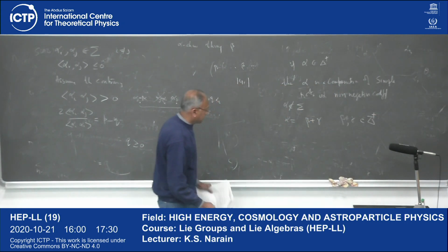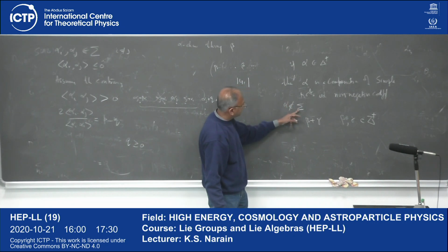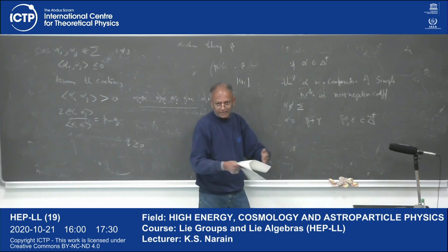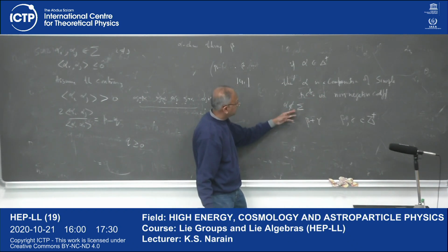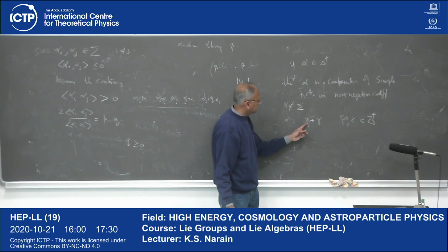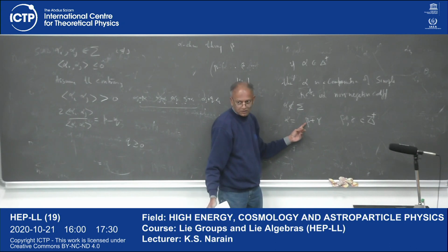Then you ask the question. If alpha was already in the simple roots, then I have to prove nothing. Basically, what we are saying is that every positive root can be expressed as a linear combination. So if alpha is not in sigma, then I can write it like this. Now, two possibilities: maybe both of them are simple roots already, or maybe only one of them is a simple root and the other is not a simple root but a positive root.